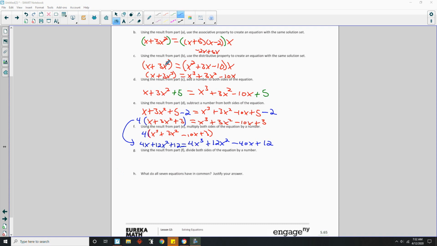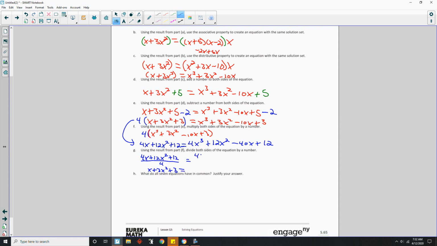Okay, well, let's make this easy, and we'll just divide them by 4. So if I take 4x plus 12x squared plus 12 and divide it by 4, then I'm going to get x plus 3x squared plus 3 equals.